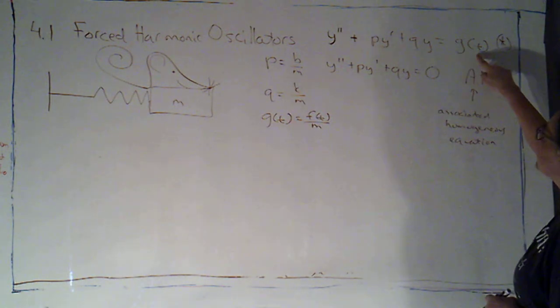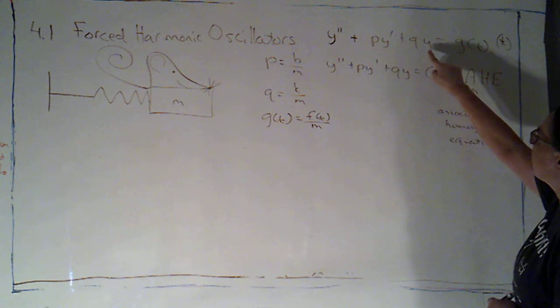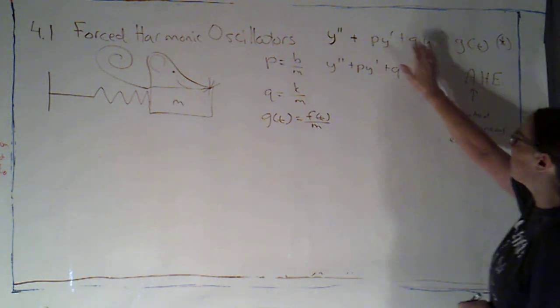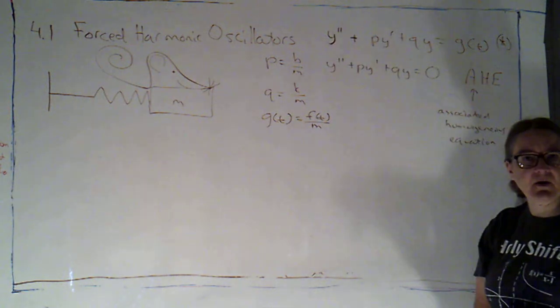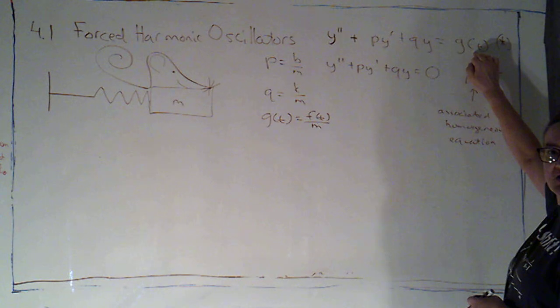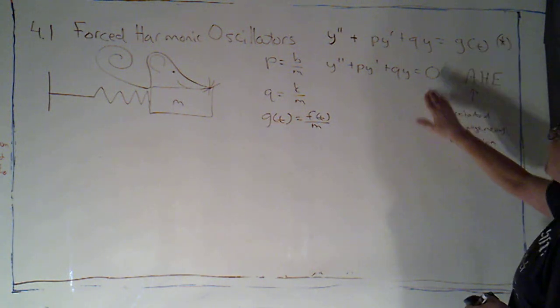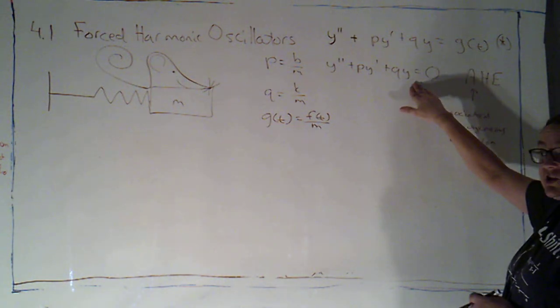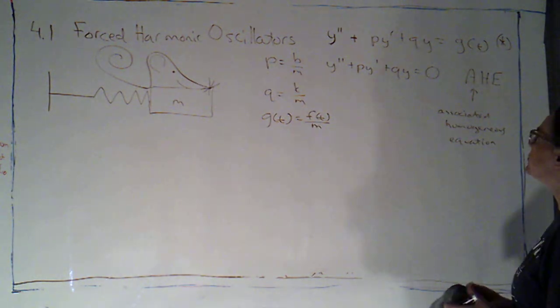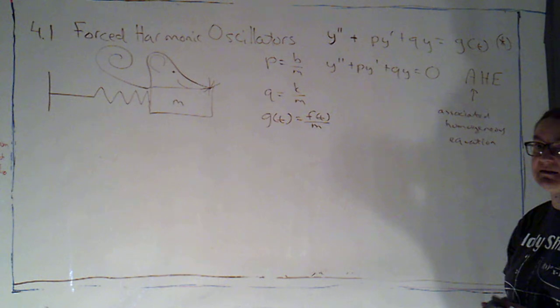But if I have a non-zero function here, if I had a solution to star, and I multiplied it by 2, I'd be multiplying y and y prime and y double prime all by 2. They wouldn't add up to g of t. They'd add up to 2 times g of t. So linearity applies to homogeneous systems. Extended linearity applies to non-homogeneous systems.